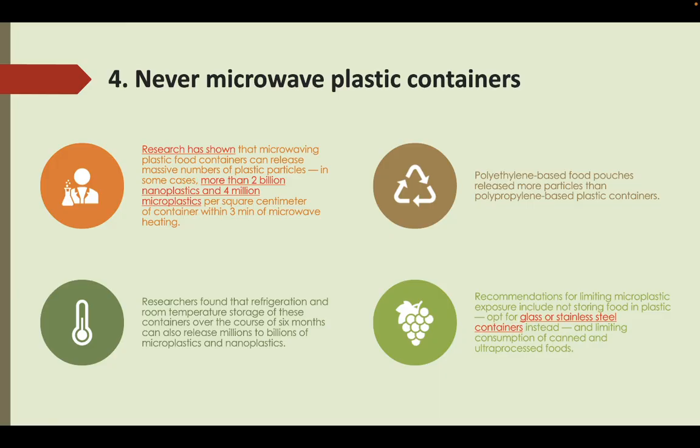Microwaving plastic food containers can release massive numbers of plastic particles, more than 2 billion nanoplastics and 4 million microplastics per square centimeter of container within 3 minutes of microwave heating. So use a glass container instead. It's pretty easy to do, and you can easily avoid those microplastics that way.